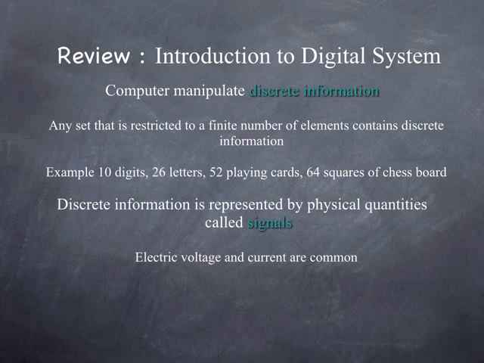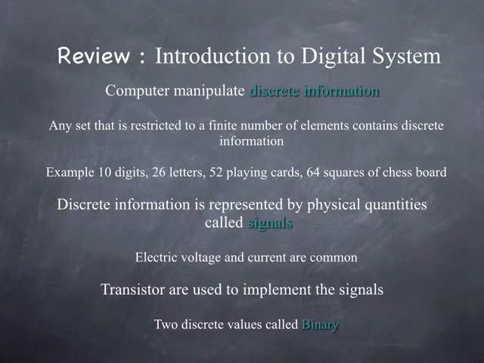There could be current also: whether current is flowing or not. If the current is of this value, then it is logic 1; if there is 0 current, then it is logic 0. It depends on what type of signals we use. For simplicity, we use digital signals, more specifically binary signals. Does everybody understand now?